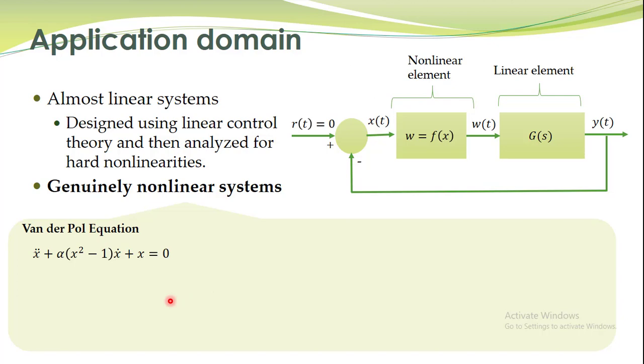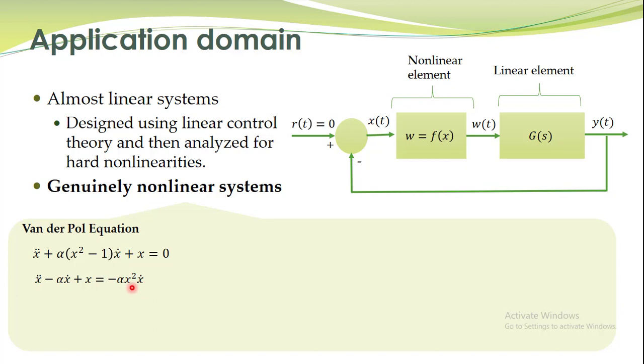How to do that? We simply rearrange the terms of the same nonlinear differential equation, written here again. So x double dot minus alpha x dot is this term, x dot multiplied by minus 1 multiplied by alpha, and then plus x, and this term alpha x square into x dot is brought to the right hand side.